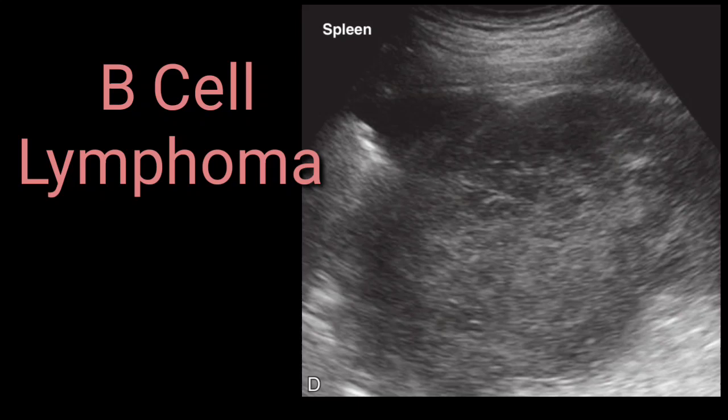The spleen is enlarged in size. The parenchyma of the spleen appears heterogeneous, and this shows that there is some disease process going on within the splenic parenchyma. A small hypoechoic lesion arising from the midpole, or you can say the center of the spleen. So a central splenic lesion can be seen here. So this is B cell lymphoma.